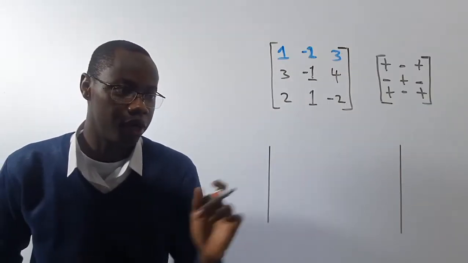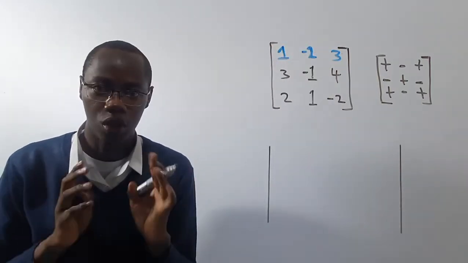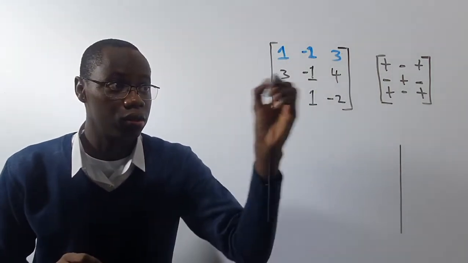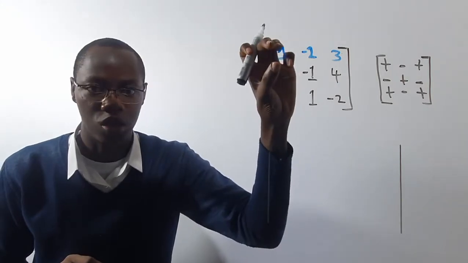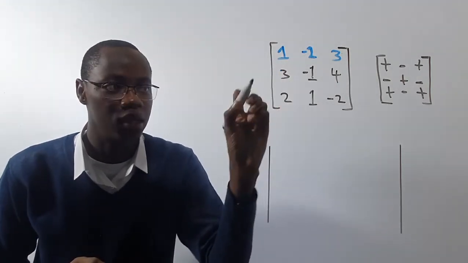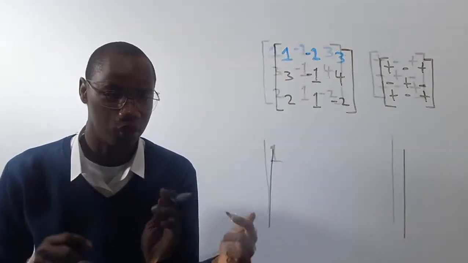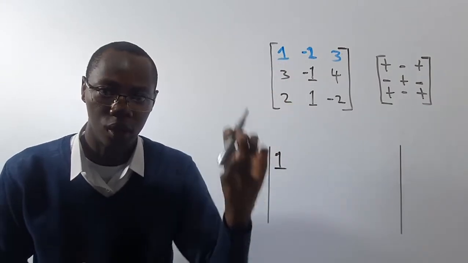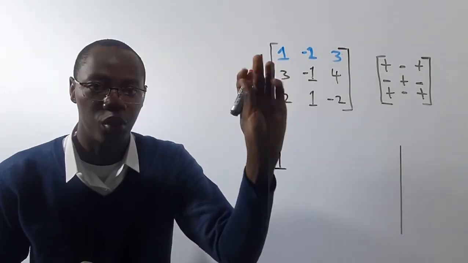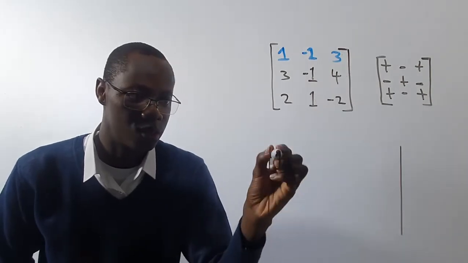Now to find the determinant, pick this first row, and we need to multiply each element here, 1, minus 2, and 3, by the cofactors, and add and subtract, and get the scalar quantity. We pick this first one, 1. What is the sign? It is positive here, and it is positive here. So plus plus, and it is positive 1.